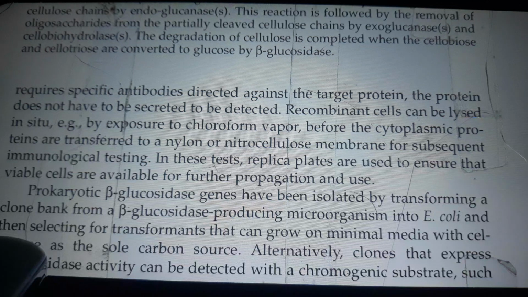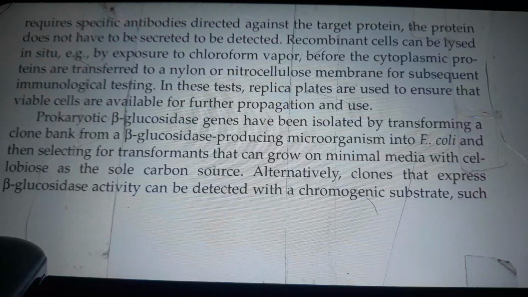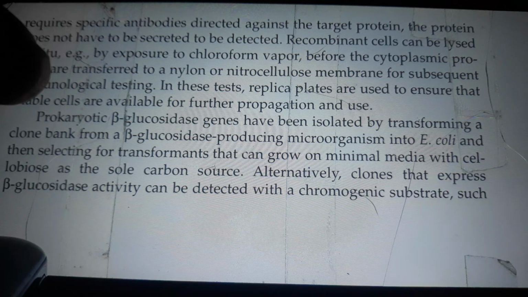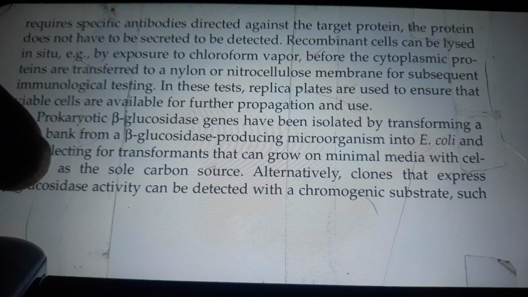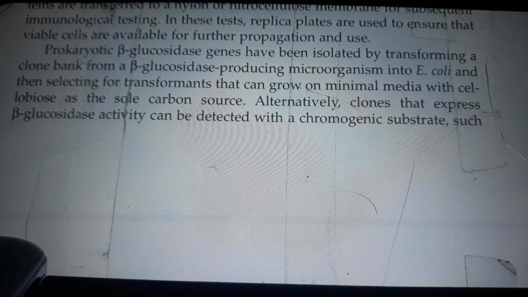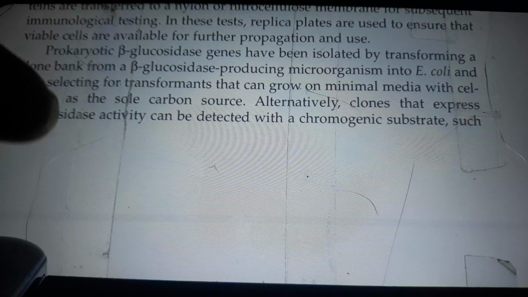The protein does not have to be secreted to be detected. Recombinant cells can be lysed in situ, for example by exposure to chloroform vapor, before the cytoplasmic proteins are transferred to a nylon or nitrocellulose membrane for subsequent immunologic testing. In these tests, replica plates are used to ensure that viable cells are available for further propagation and use.